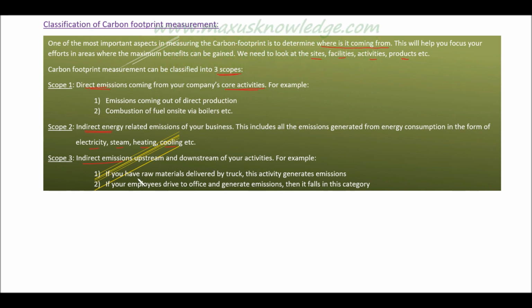For example, if you have raw material being delivered by truck, the truck is generating emissions, and this can be classified as scope 3. Similarly, if your employees drive to the office and generate emissions, then it falls in the scope 3 category. So this is the standard which is followed for classification of the carbon footprint of an organization.